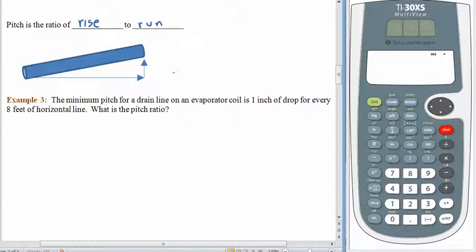If you've had an algebra class before, you may have heard rise compared to run talked about as slope, and that's true. But with pitch, we don't talk about positive slope or negative slope. We just assume that everything is running away from the high end and towards the lower end. So we just have rise, which describes the vertical distance, and we have run that describes the horizontal distance.